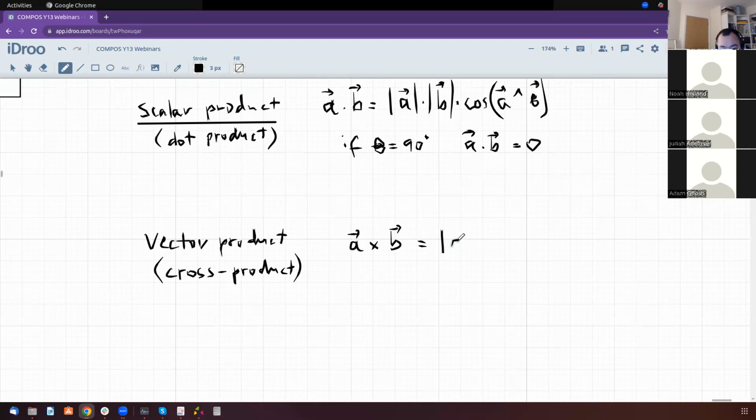In fact, it's modulus of A multiplied by modulus of B multiplied by sine of the angle between them. But that only gives you the modulus of the vector, because for a vector product, the result is a vector.